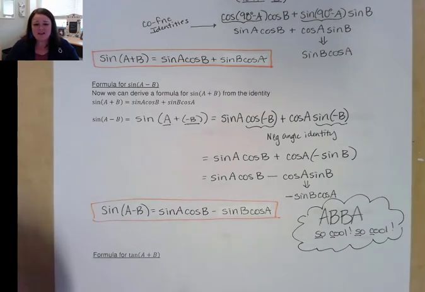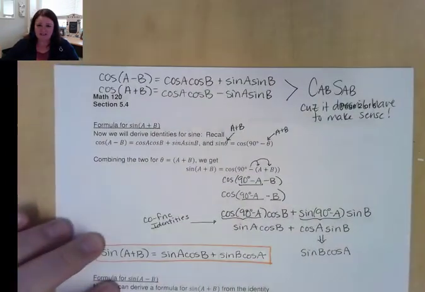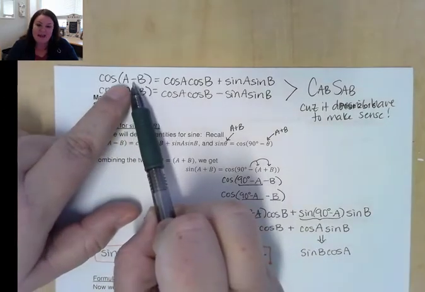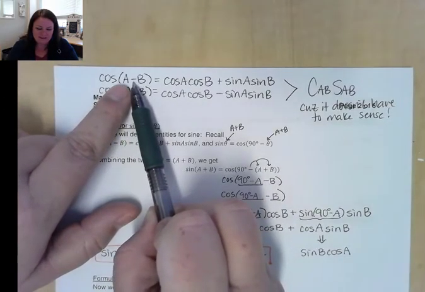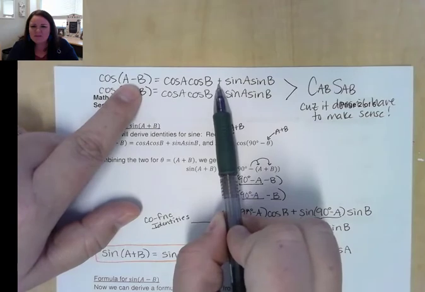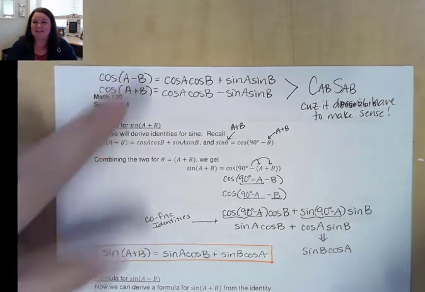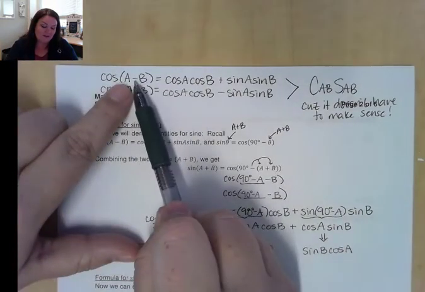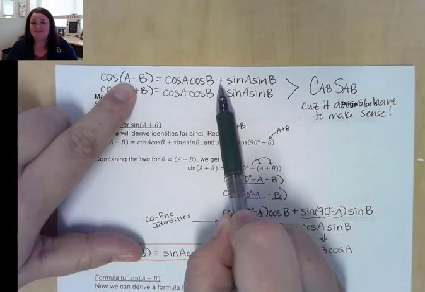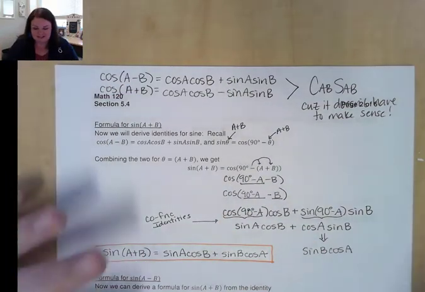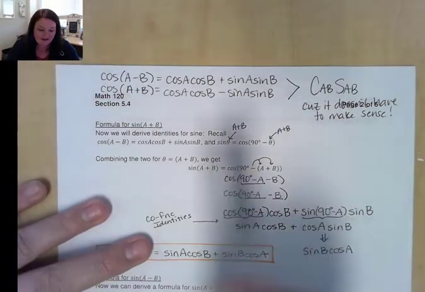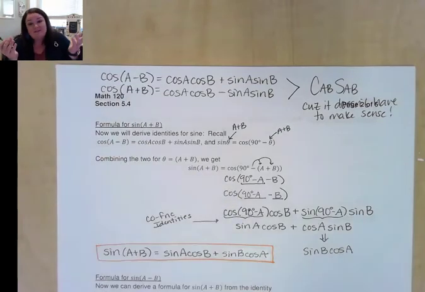The other thing is on our cosine identities, remember if we started with a difference, then we actually added the terms, which kind of really didn't make sense. So we said, because it doesn't have to make sense. And then we can remember easily that if we start off with a negative, we actually turn out with a positive, because cosine doesn't have to make sense.